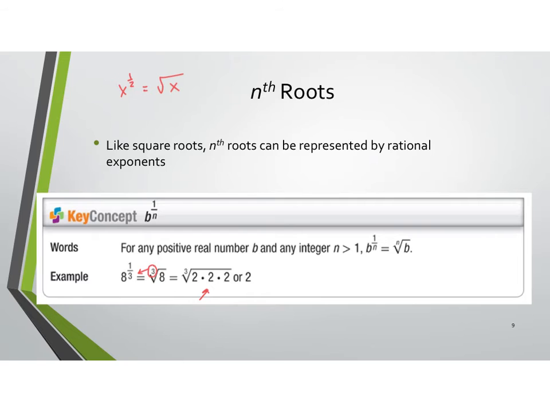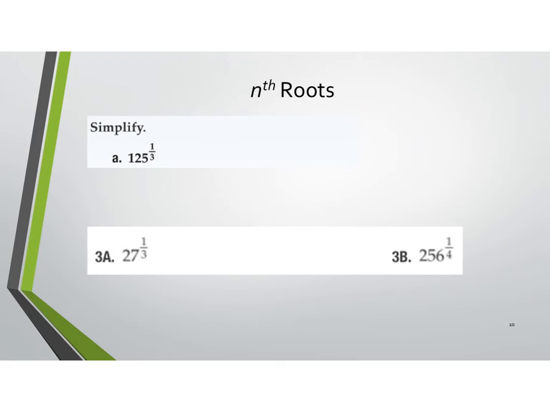So let's practice this. Here we go. First, I'm going to rewrite my terms. So the number that's in the denominator is going to go in the little check mark. So I have the cube root of 125. Now I need to simplify. So pull 125 out to the side, and I'm going to break it down. 5 times 25, 5 times 5.